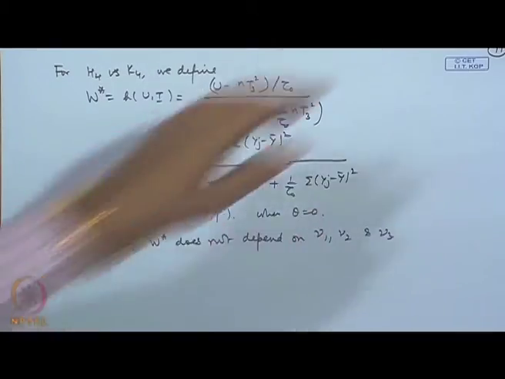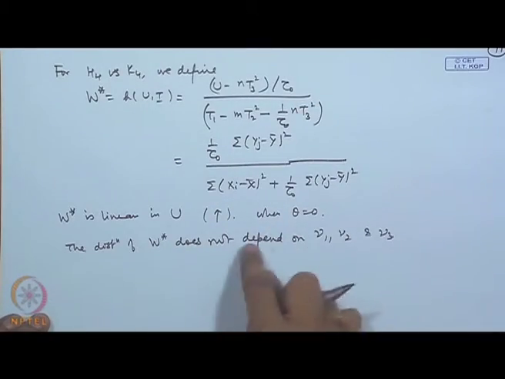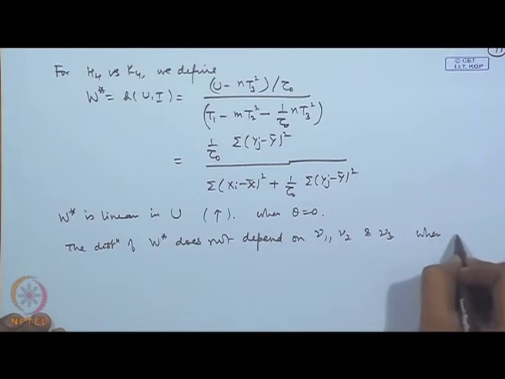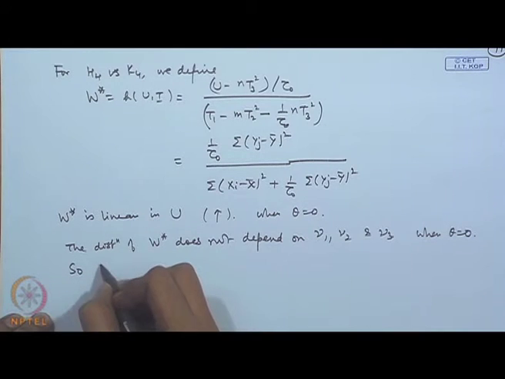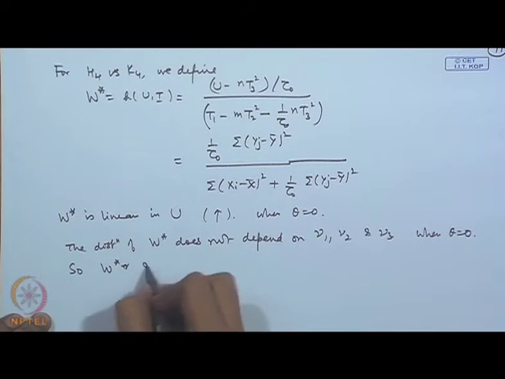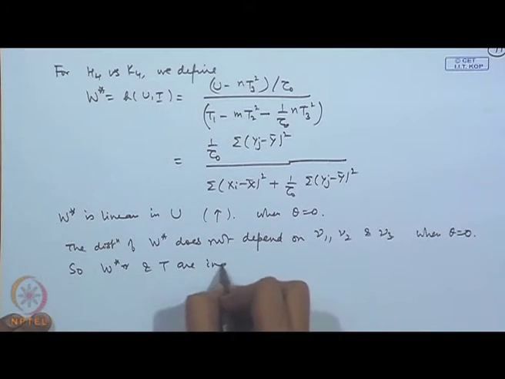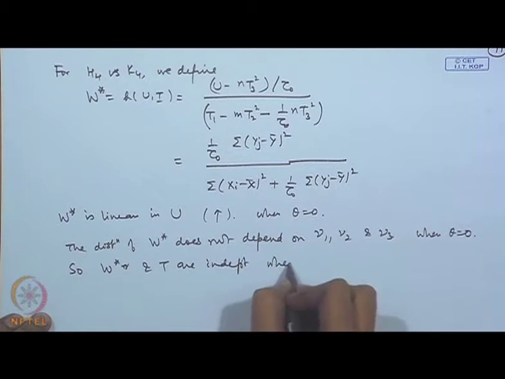So, that is true here, that the distribution of this thing does not depend on this when theta is equal to 0. So, W star and T are independent when theta is equal to 0.